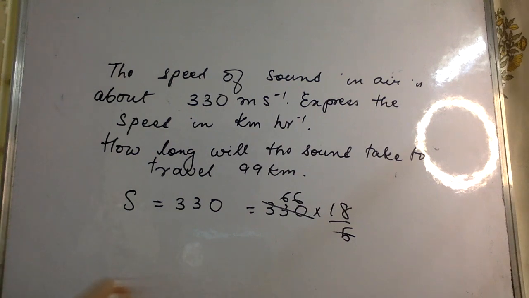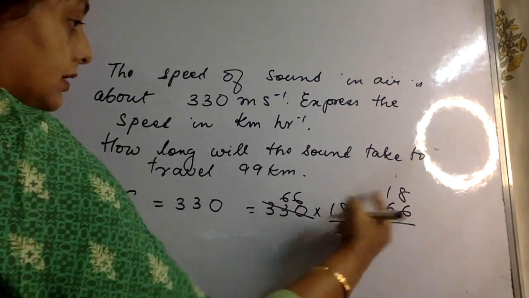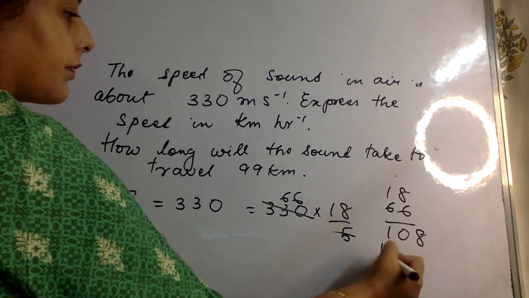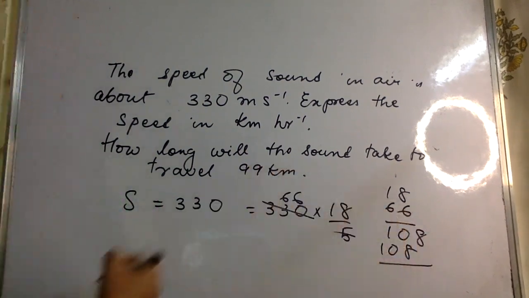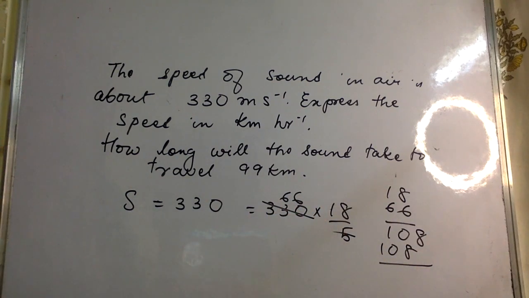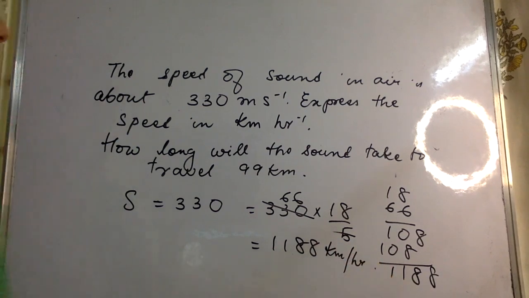Now 66 into 18. How much is 66 into 18? Put the 66 down. Why did I say put the 66 down? Because if it is a repeated digit, put it down, and you go faster in your calculation. This many kilometers per hour.